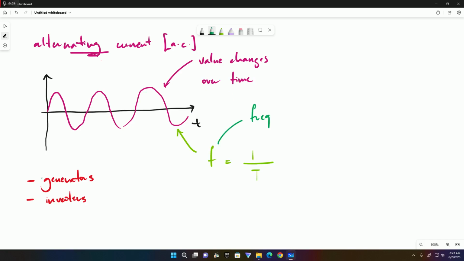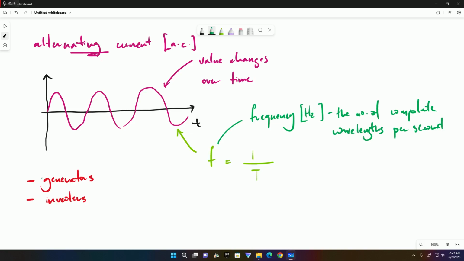This is the frequency, in hertz, and this represents the number of complete wavelengths or oscillations or cycles per second, and this is period, in seconds, and this is the time taken for a complete wavelength or oscillation or cycle.